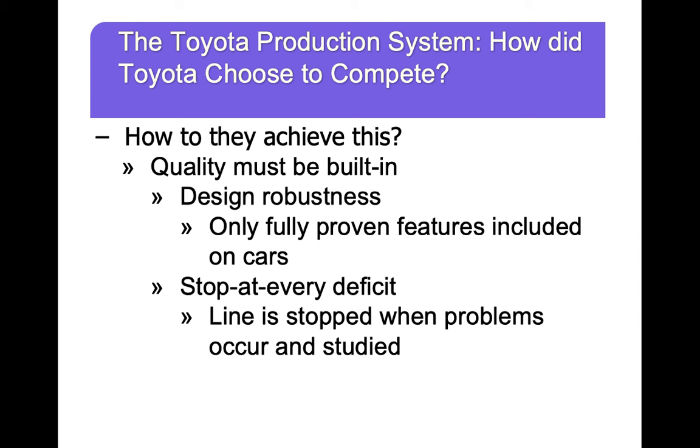I guess what comes to my mind is a Corolla or something. It's just pretty much got your basic features. But they were very adamant about that. Only things that have been tested and proven. Stop at every deficit. So the line would be stopped when a problem would occur, and that would be studied.